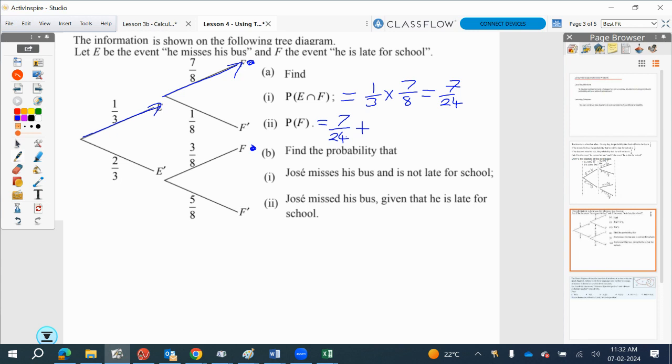How would we calculate this one? So this one is going to be 2/3 times 3/8, which is going to be 7 plus 6 over 24, which would be 13/24. That's why it's better not to simplify that 6/24.